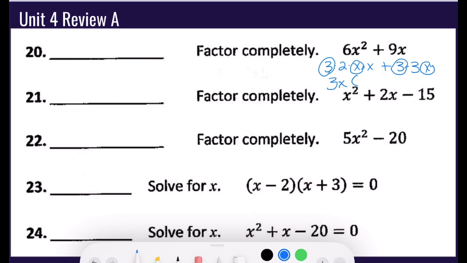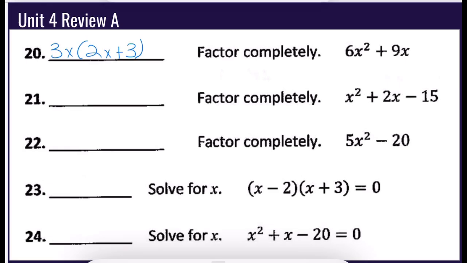And then I'm going to create parentheses, and whatever is left, 2x plus 3, is what goes into the parentheses. And so if we factor out this binomial, what we get is 3x times the quantity of 2x plus 3. That's as broken down into its individual parts as we possibly can do.